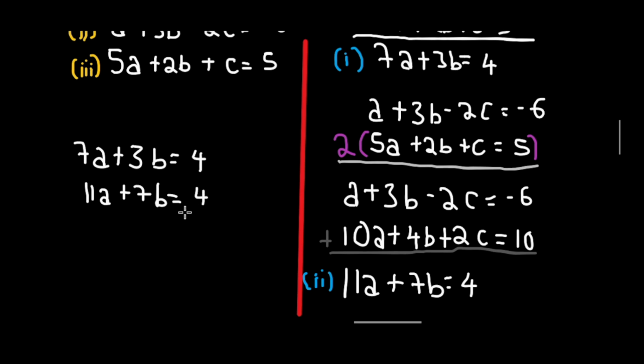So once we reach this point, we can use any normal rule in simultaneous equations. We can either use substitution or we can use elimination. But since we started with elimination, why don't we go ahead and eliminate all the way?